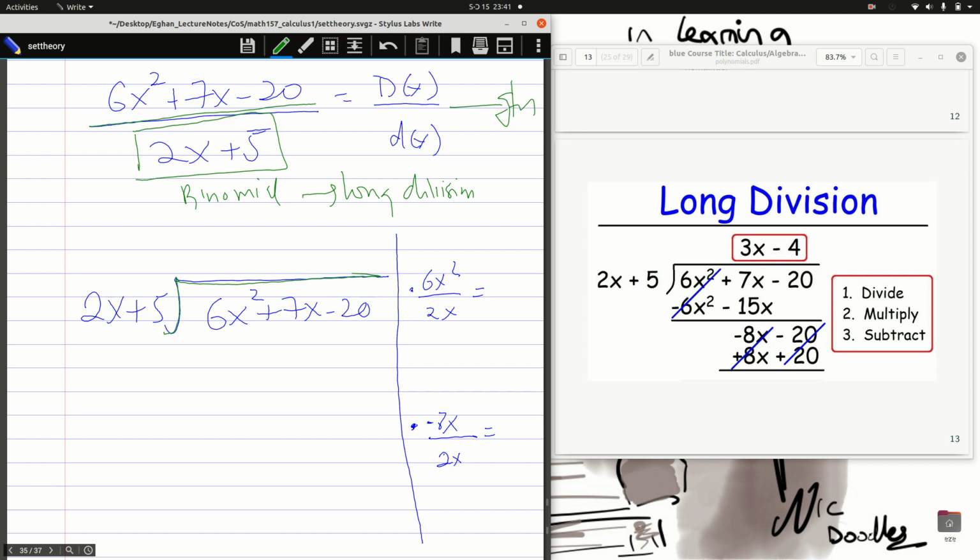I start by dividing the first term by the first term in the dividend. So 6x squared divided by 2x, I'm going to get 3x. I write it up here, and then I multiply 3x by 2x and by 5. So I get 6x squared plus 15x, and then I subtract.